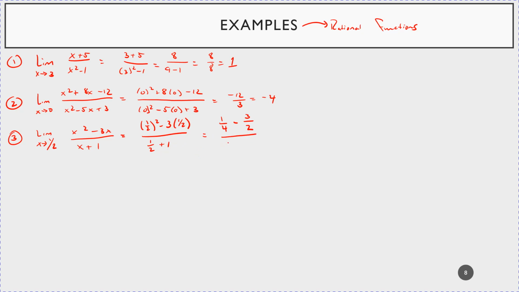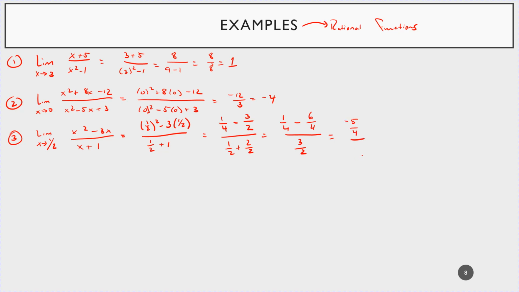So this becomes 1/2 plus 2 over 2. You need a common denominator in the top, right? So it's 4. So this is 1/4, this becomes minus 6/4, all over 1/2 plus 2/2 gets me 3/2. So then look, 1/4 minus 6/4 gets me 5/4.